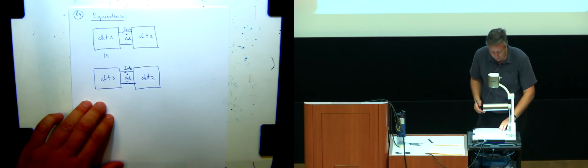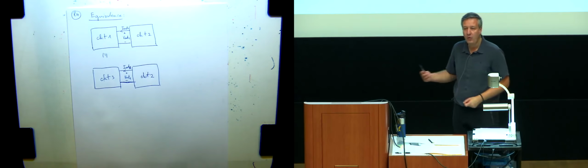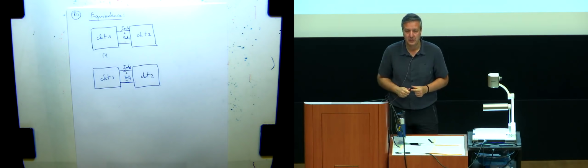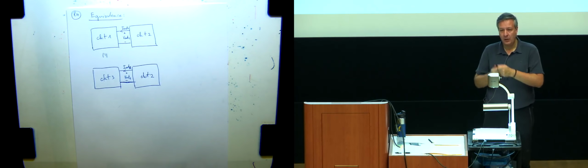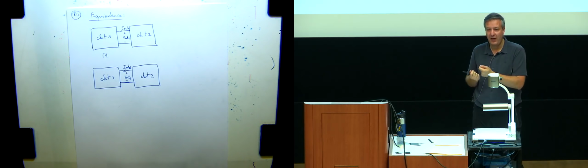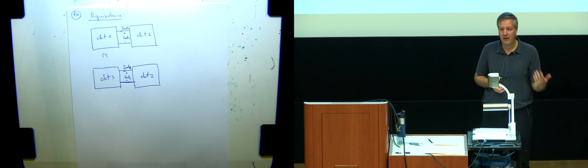Okay, so the point is that these circuits know each other only through these two variables, the current and the voltage. And if I can guarantee the same values, I can create a bunch of equivalent circuits that are simpler to analyze and work with.